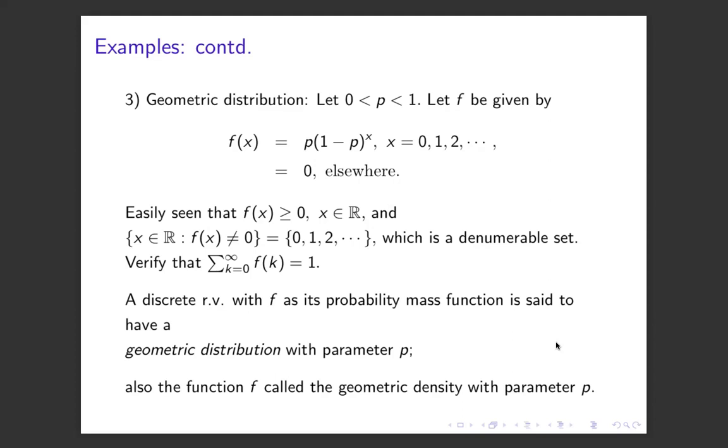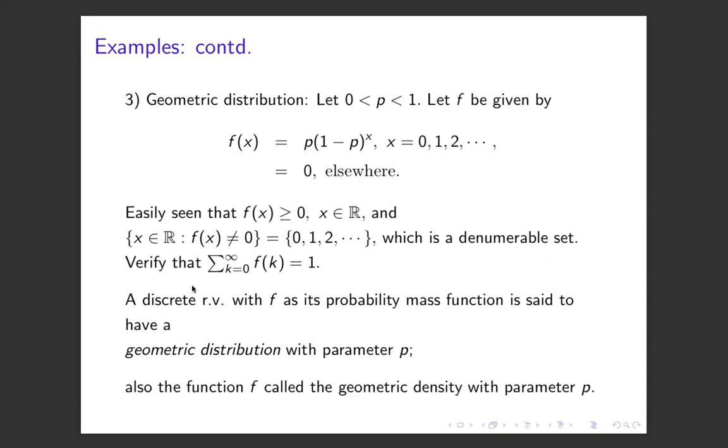You can easily see that f of x is greater than or equal to 0 for every x. And f(x) is different from 0 only when x is varying over non-negative integers 0, 1, 2, etc., which is a countable, enumerable set.